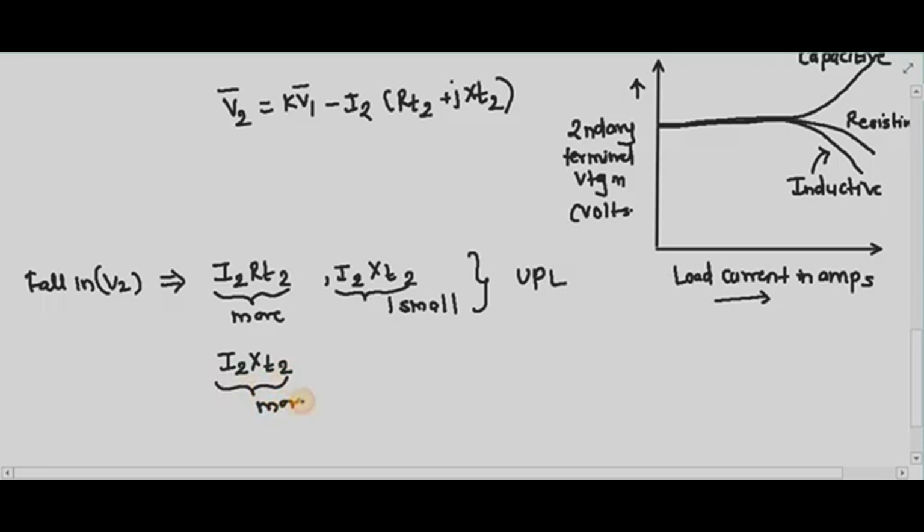Whereas the resistive drop is small. This is for which type of load? This is for lagging power factor loads.